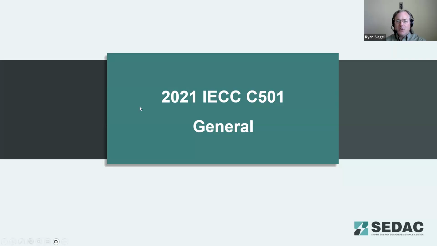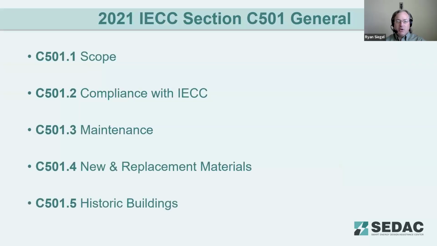So looking a little bit at the general provisions. First, understanding how this chapter is laid out. How the code works is we're going to begin in Chapter 5, since we're dealing with existing buildings, and then, as Sean mentioned, it will refer back to Chapter 4, the applicable requirements where it is required for existing buildings.